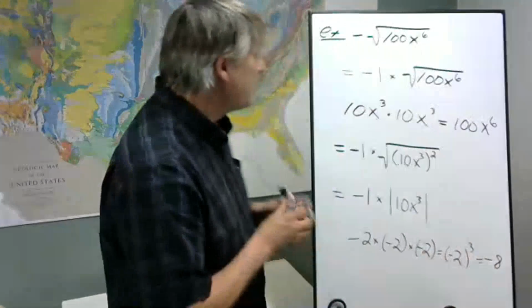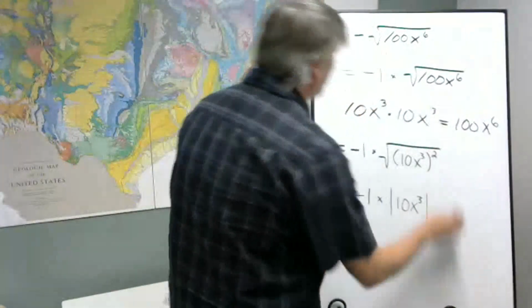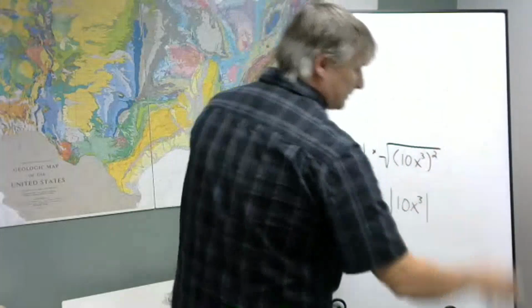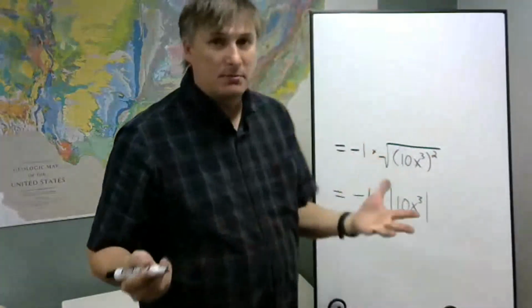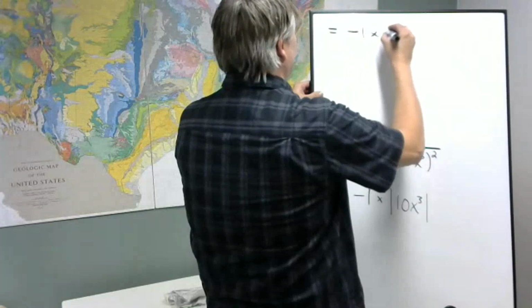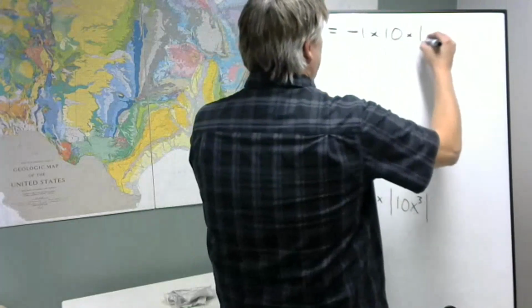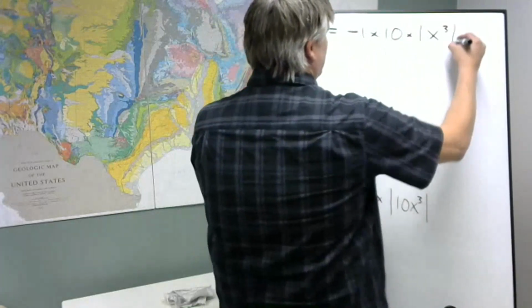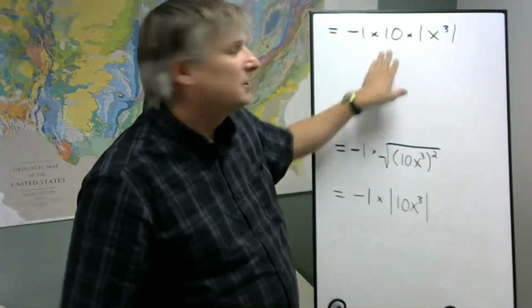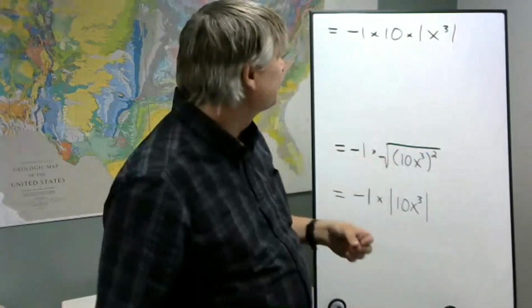Now 10 is always going to be positive. So we can actually factor out the 10 from the absolute value because it's always going to be positive. And that leaves the absolute value of x cubed. We really don't need to take the absolute value of 10. It's always going to be a positive number.